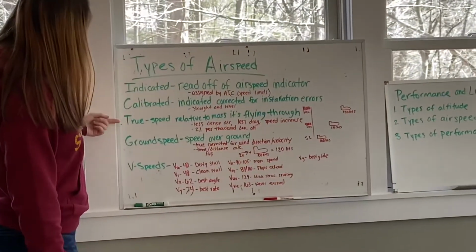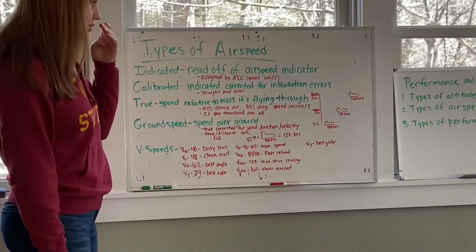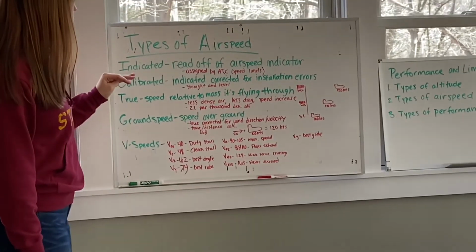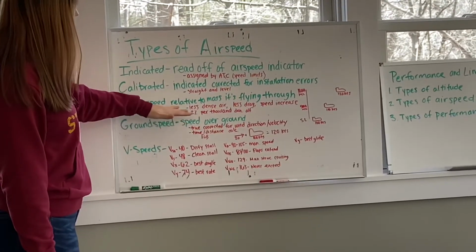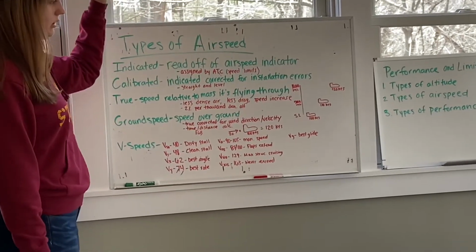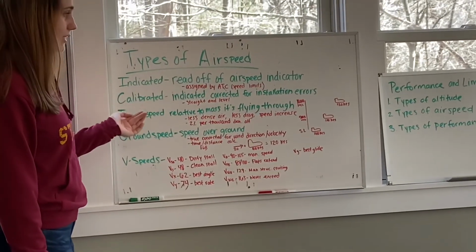Then you have true airspeed, which is your speed relative to the mass that you're flying through. An example is as you go up in altitude, your true airspeed is going to increase.